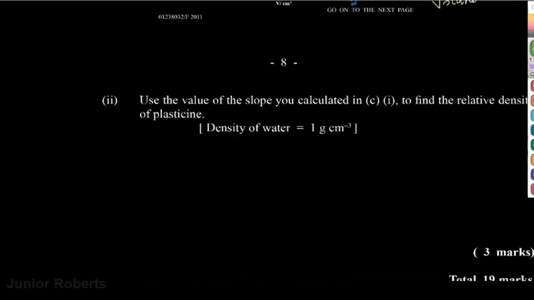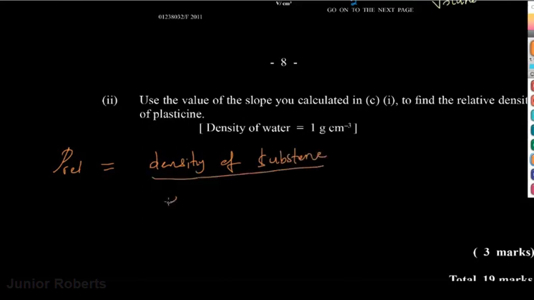Once you're talking about relative density, we say PREL, which stands for relative density, is equal to the density of a substance divided by the density of water. So the relative density is the density of the substance divided by the density of water.